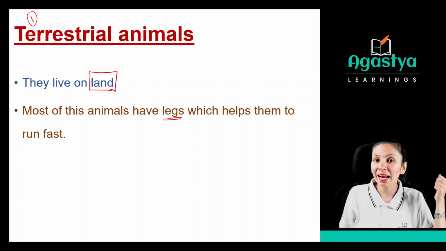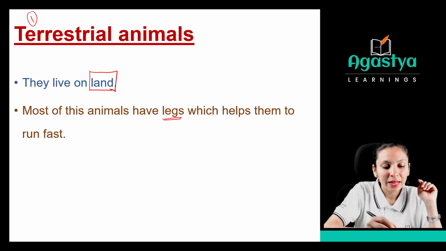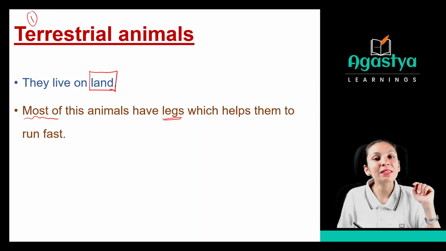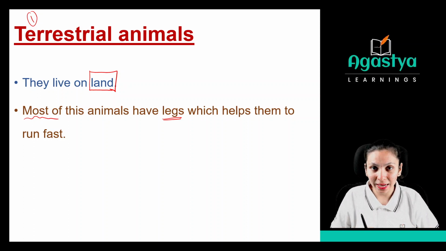See, as we have legs, just like us, most of the animals, I am not saying all the animals, have legs, right? Because they have to run to get things, right? So many things they have to do. So for that purpose, they have legs.